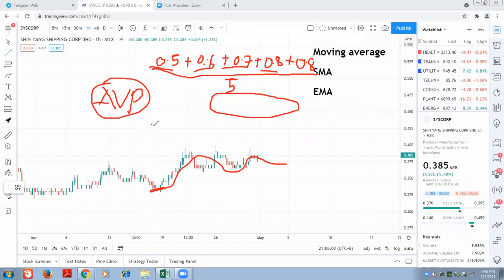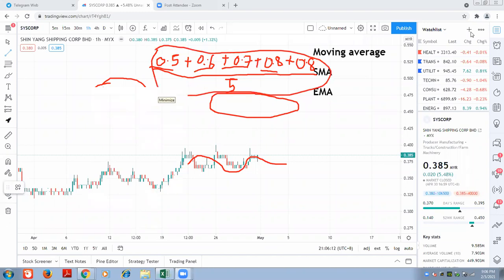So if you calculate, you get the value, which is 0.68.